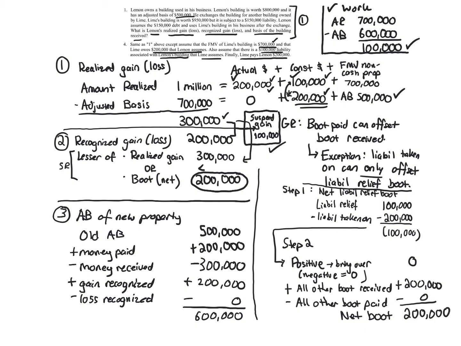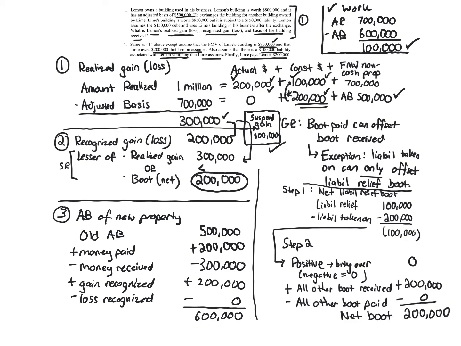Also, another way to better understand this is that in each problem there is an important concept that's illustrated. Problem 1 is the baseline for like-kind exchange. If the only other thing going on is that our party, Lemon, is taking on liabilities, we pretty much ignore it, other than calculating the basis and determining the realized gain or loss.